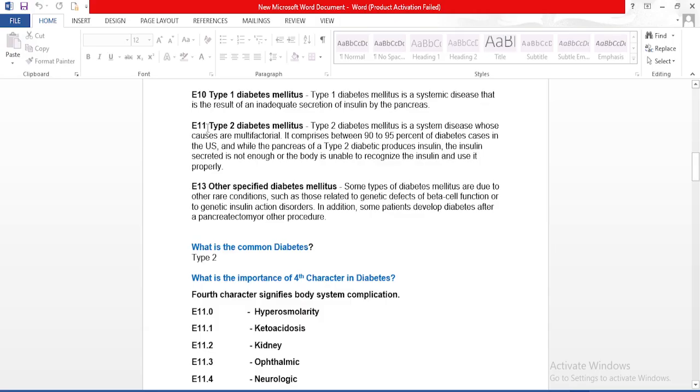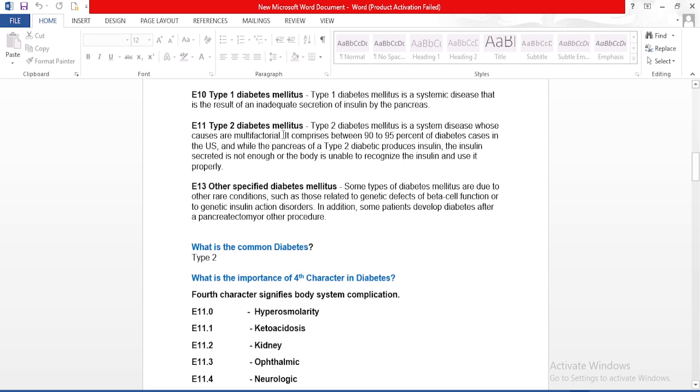Next one is E11, type 2 diabetes mellitus. So type 2 diabetes mellitus is a systemic disease whose causes are multifactorial, meaning there are many reasons to get type 2 diabetes mellitus in any patient or any person.